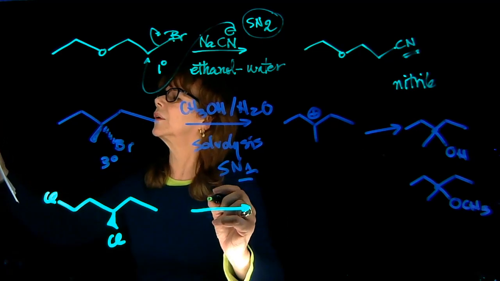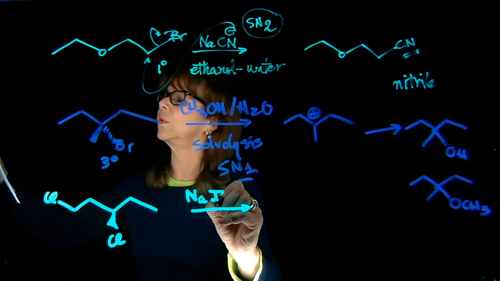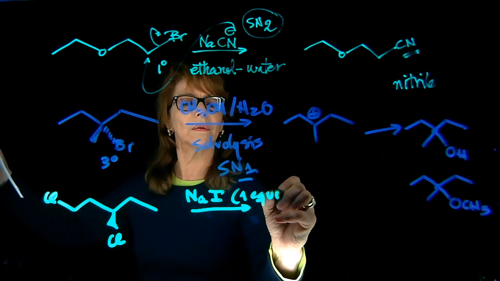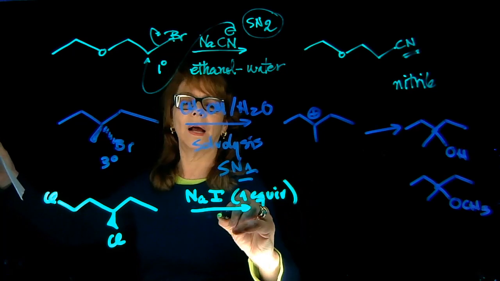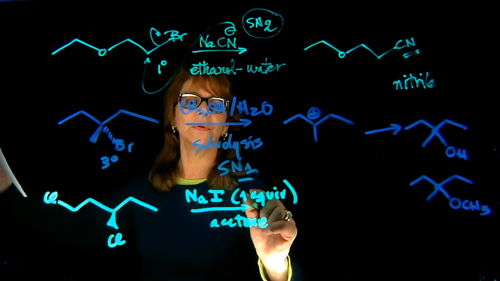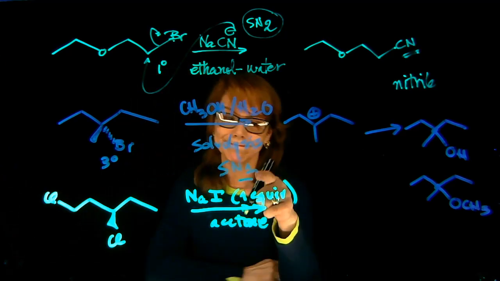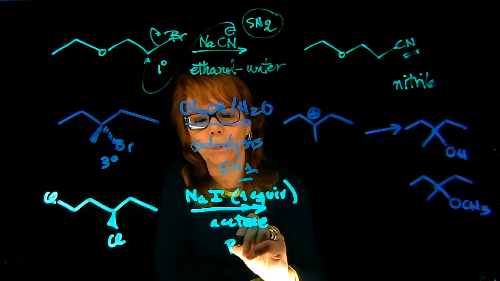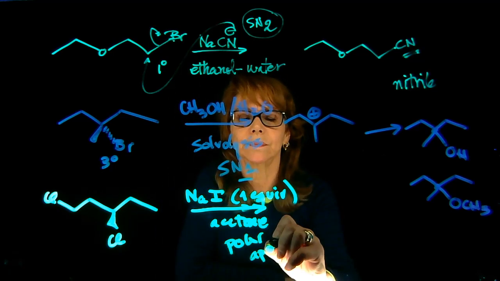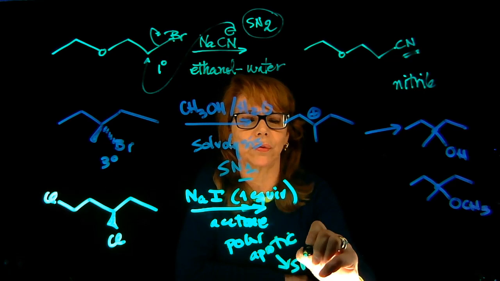And interestingly, it says sodium iodide, but it says one equivalent, in acetone. So now, if you look at the reagent, iodide is a good nucleophile. Acetone is a polar aprotic solvent. That condition points to an SN2 reaction.